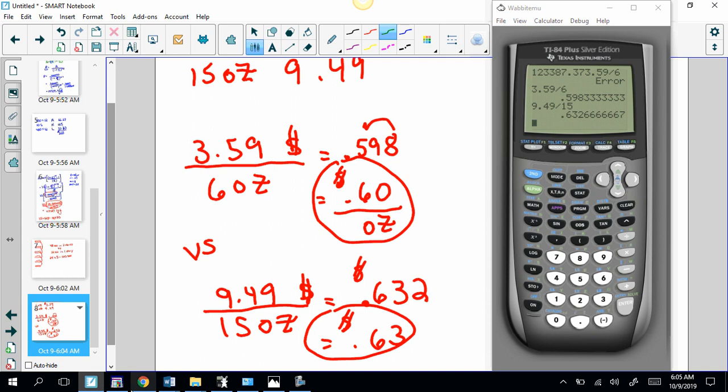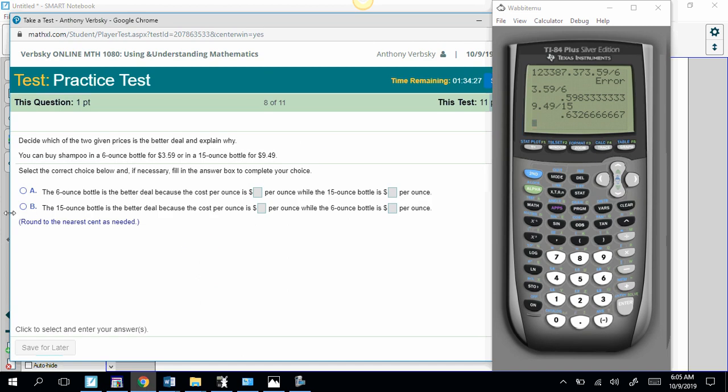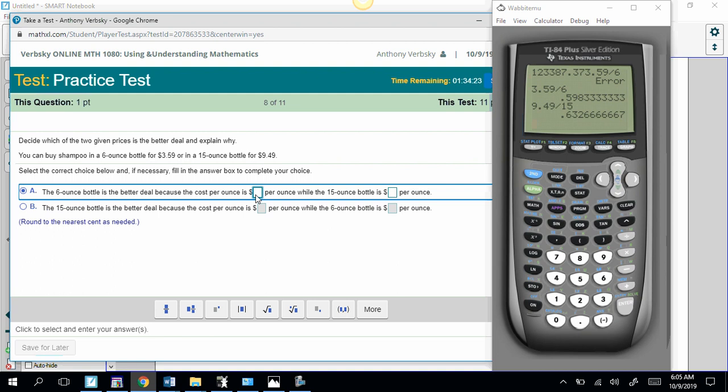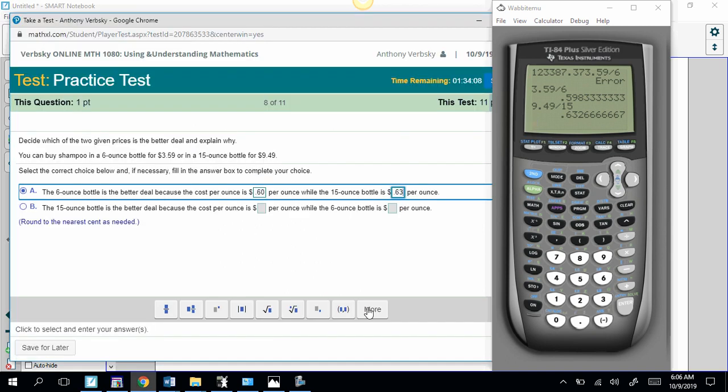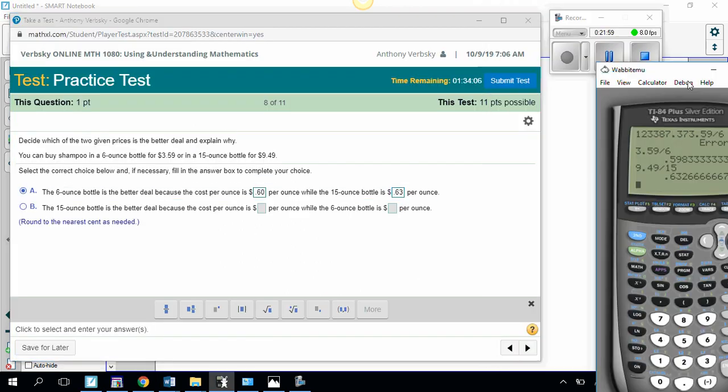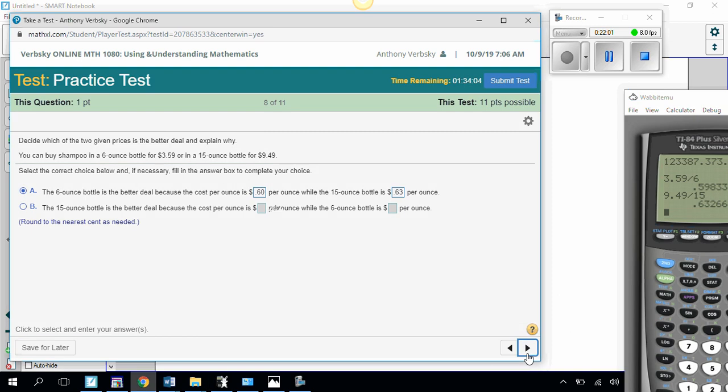Okay, let's see what we got. How are we going to answer this? So clearly the smaller one, 6 ounce, is better, 60 cents versus 0.63. Double check my work. 0.60, 0.63.